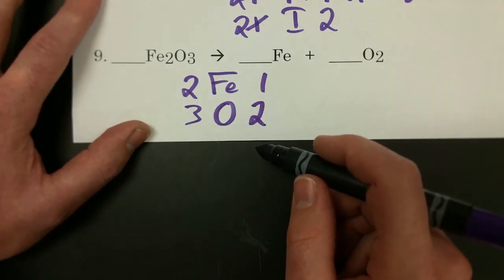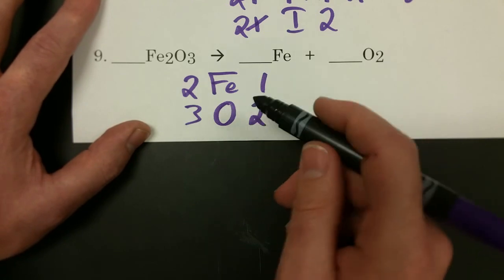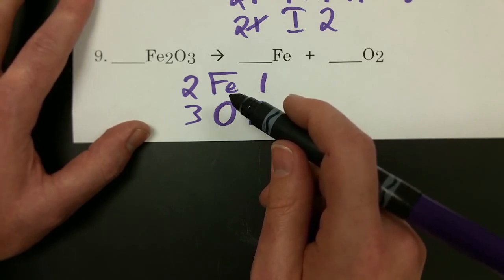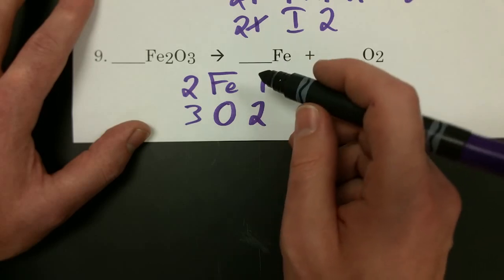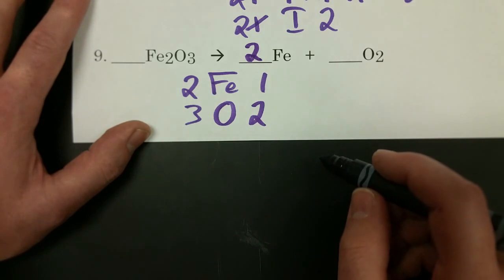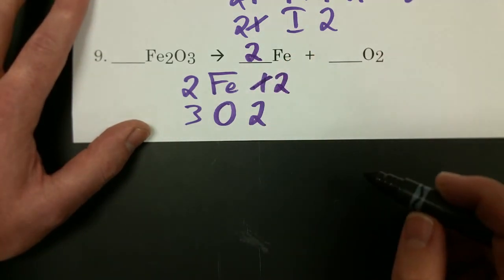All right, well, we could go about this different ways and arrive at the same answer. Let's try one approach where we just try to fix the irons first. All right, let's just multiply this by 2. Okay, so we get 2 irons on this side. All right, we fixed that. Great.